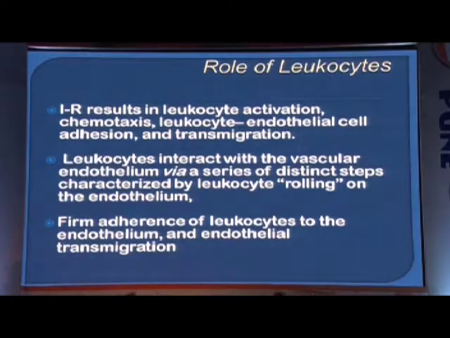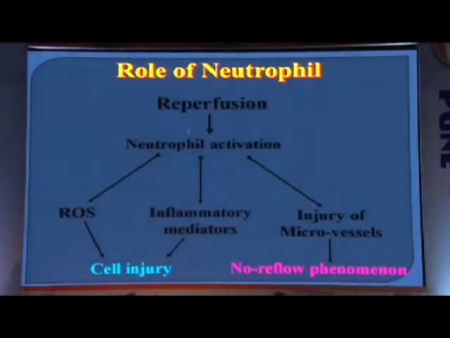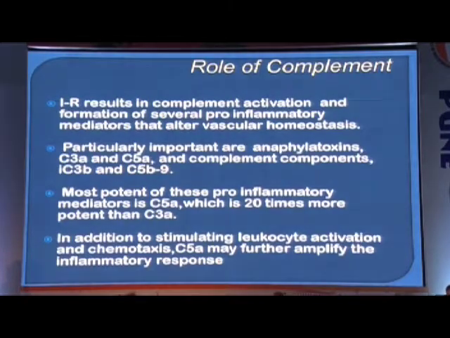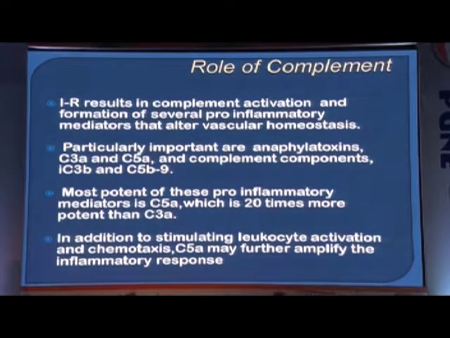In the same way, leukocytes also release various complements, and complement activation also leads to further cell injury, inflammatory mediators, oxygen-free radicals, and also injury of the microvessels, which leads to the no-reflow phenomenon. All these also cause excess damage during ischemia and reperfusion.